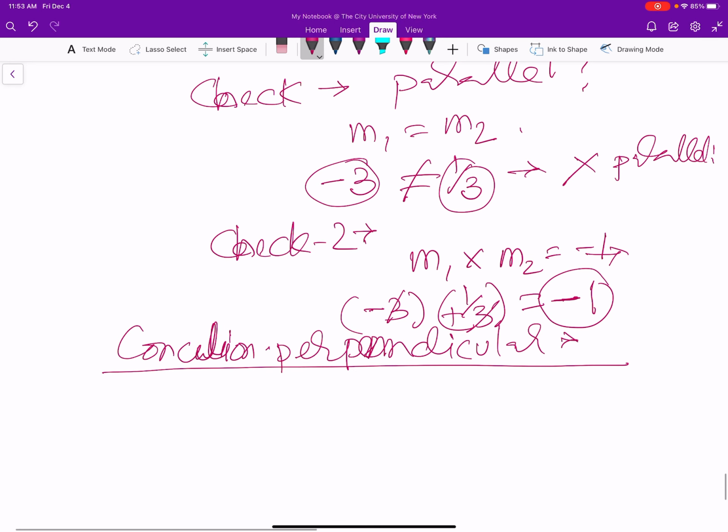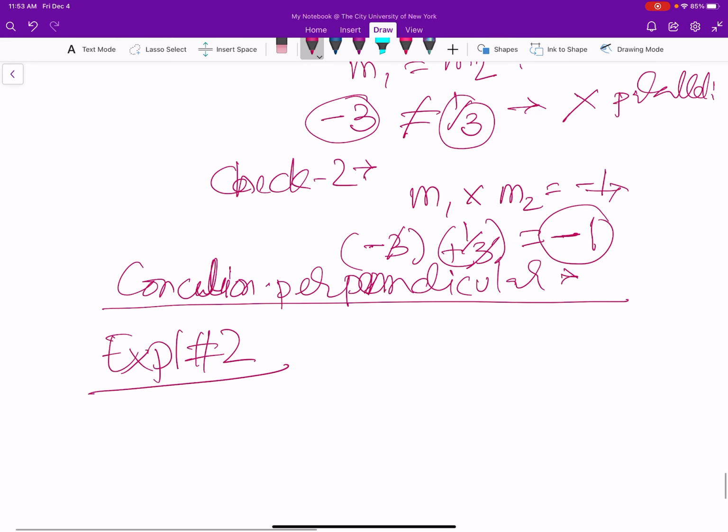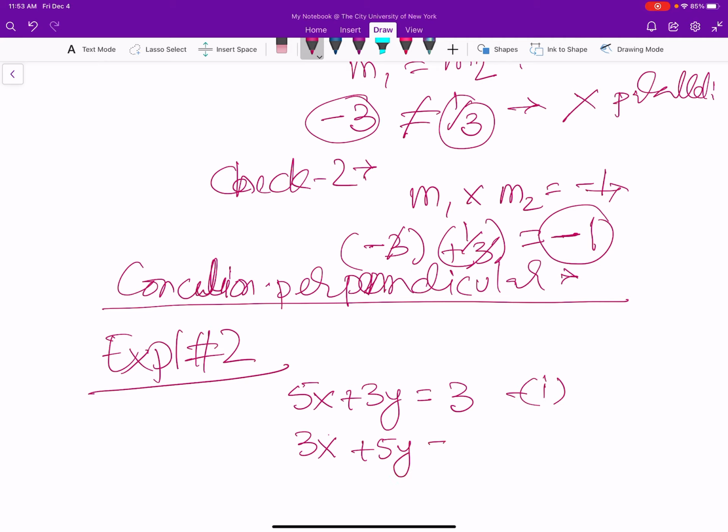All right, let's look at another example. Let's say you are given the equation 5x plus 3y equals 3, let it be equation 1, and the other one is 3x plus 5y equals negative 25, let it be equation 2.